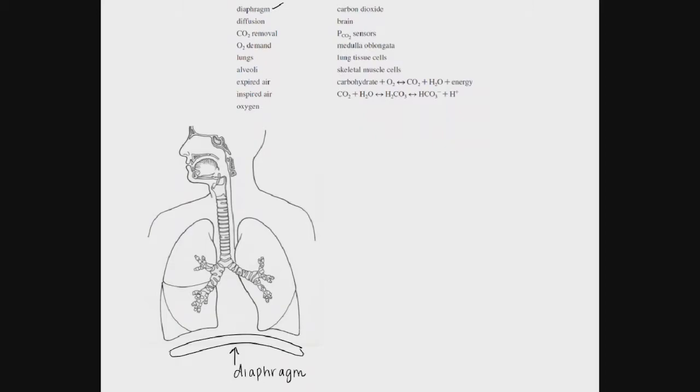So the lungs are found right over here. And inside the lungs, we can find these little sacs called alveoli, and this is where the gas exchange occurs.